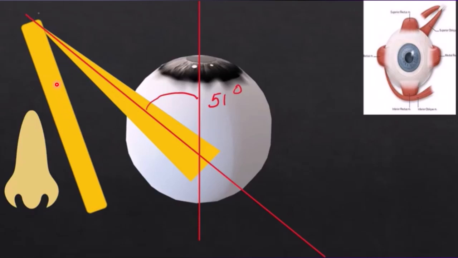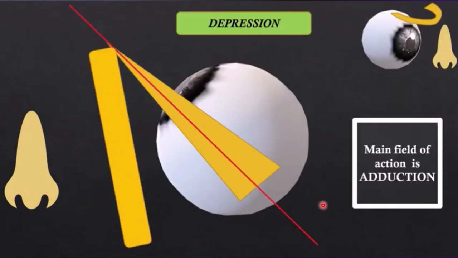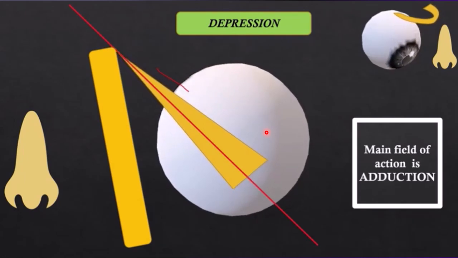Now this is the oblique, okay? Superior oblique. So it's already making an angle of 51 degrees with the orbital axis in the primary position. Now suppose the eye is adducted or rotated inwards. The axes are coinciding. In this action, only a one-dimensional, single dimension movement will be there, and that is depression for the superior oblique.